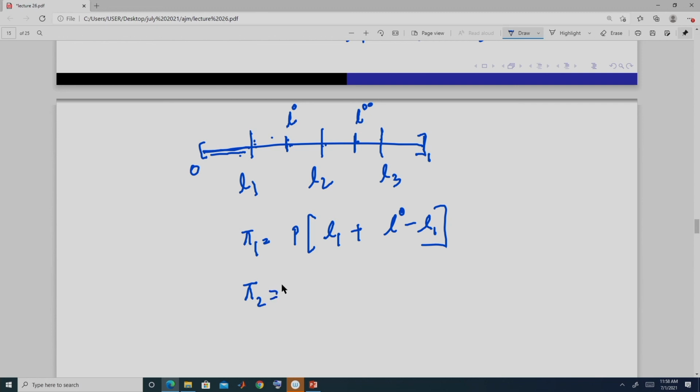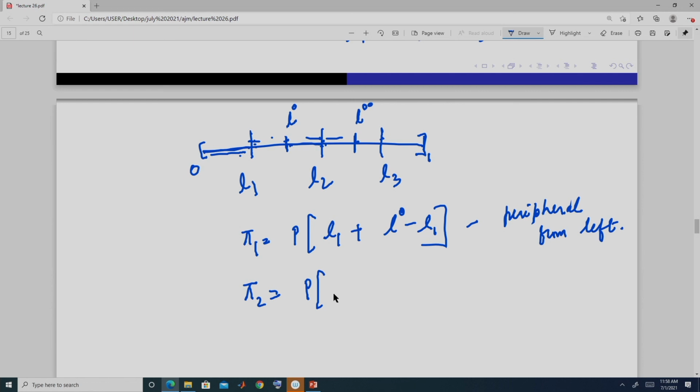And then the profit of firm 2: it is in the middle, it is not a peripheral firm anymore, because firm 1 is peripheral from the left. Firm 2 is going to get half of this and half of this, right, or these people.